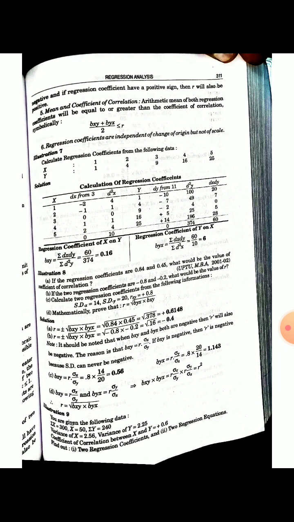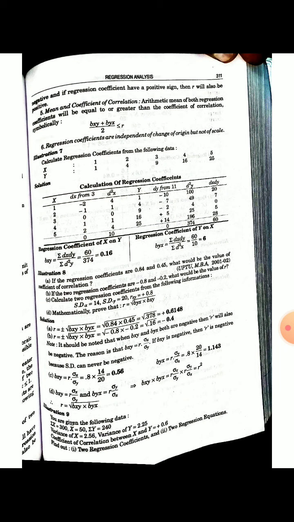If the regression coefficients are 0.84 and 0.45, what would be the value of coefficient of correlation? If the two regression coefficients are minus 0.8 and minus 0.2, what would be the value of r?